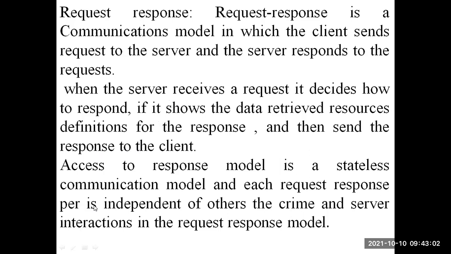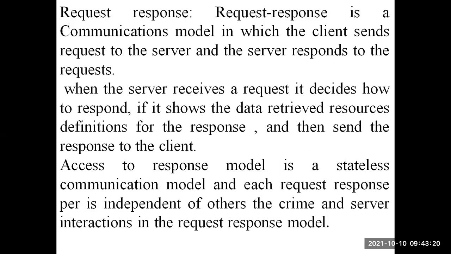In the client and server interaction in the request response model, the only thing is the request from the client and the server has to give a grant. If the resource is available, it sends it based on that request.